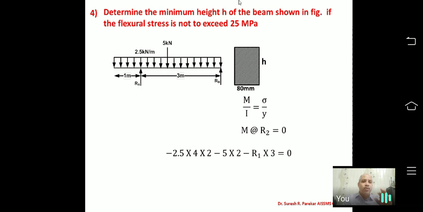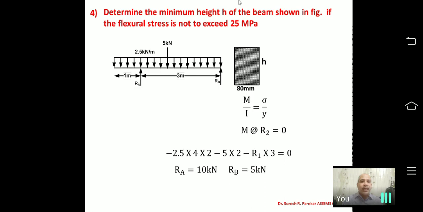So 2.5 into 4 into 2, minus 5 into 2, and that should actually not be minus R1 into 3, that should be plus R1 into 3. So if we take plus R1 into 3, then I get the value of RA, that is the first support, and R2 the second support, and that gives me RA equal to 10 kilonewton.